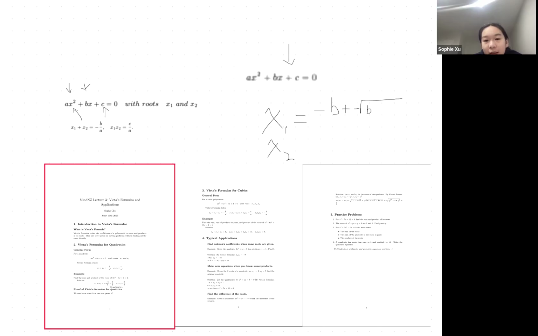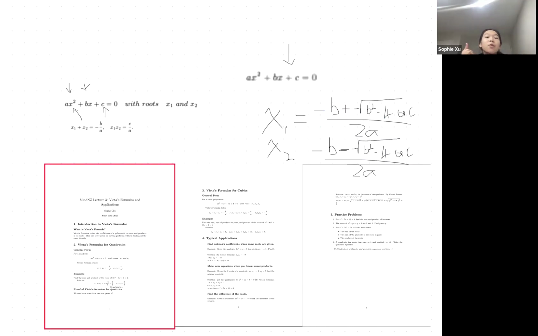Square root of b squared minus 4ac, all over 2a. Sorry guys, I'm on laptop and it's so hard to write. And that's a minus. Okay, is that all good?